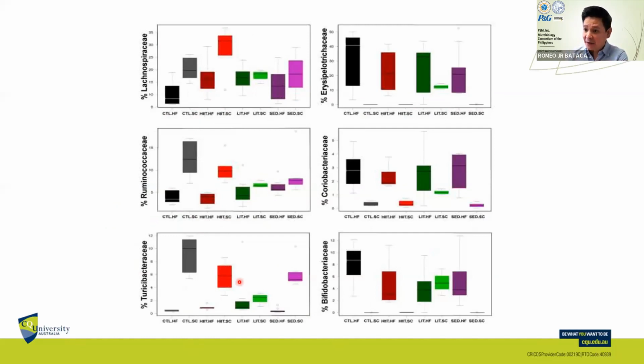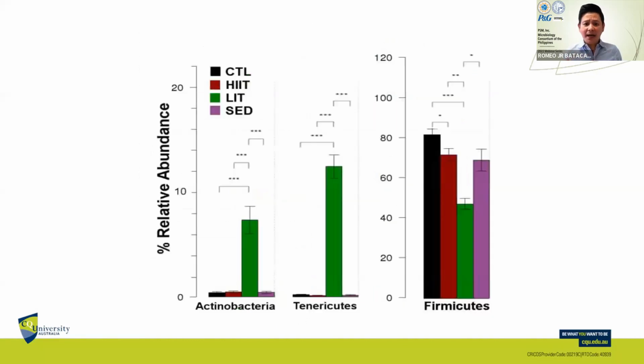While in high-fat, high-carbohydrate diet, differentially abundant families showing strongest preference were Erysipelotrichaceae, Corynebacteriaceae, and Bifidobacteriaceae. Now, let's look at the responses of activity groups in standard chow diet in more detail.